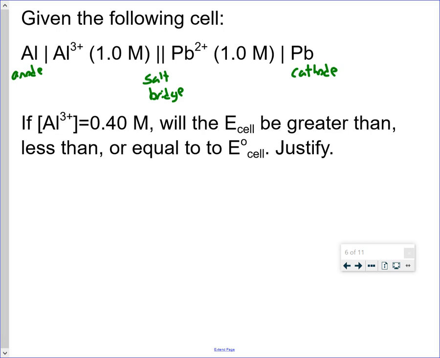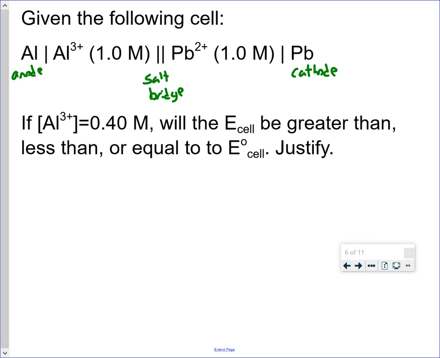Now, what's kind of tricky is with line notation, you have to be very, very careful. The double line in the middle, the salt bridge, is not an arrow. The reactants are not aluminum and aluminum 3 plus, and the products are not lead 2 plus and lead. We have to look at each of those sides individually.